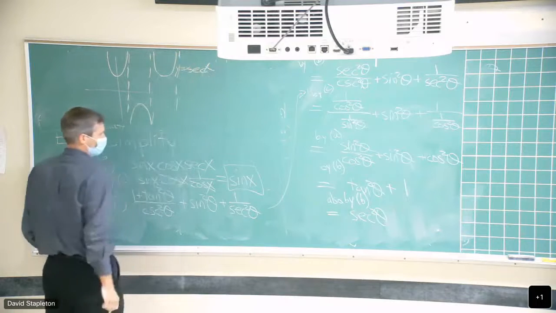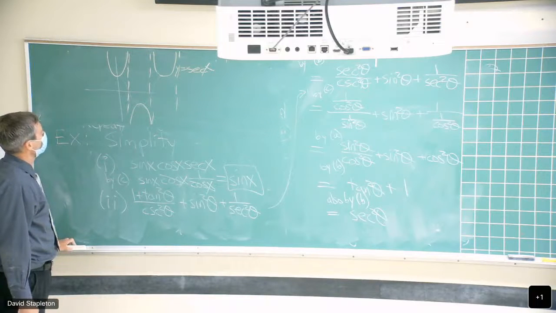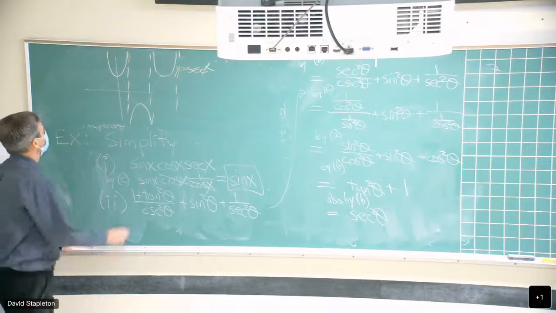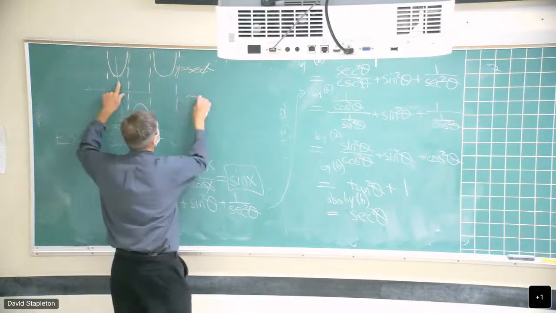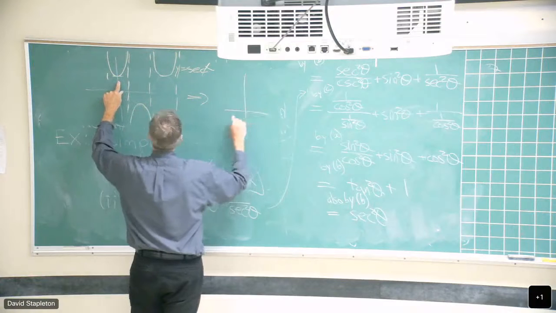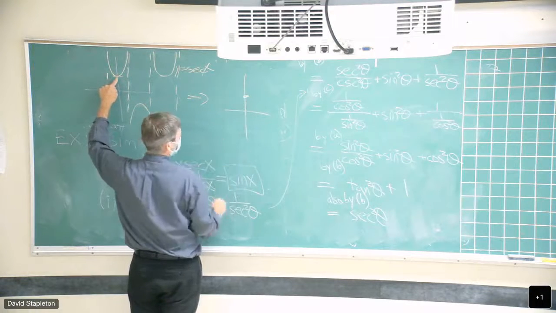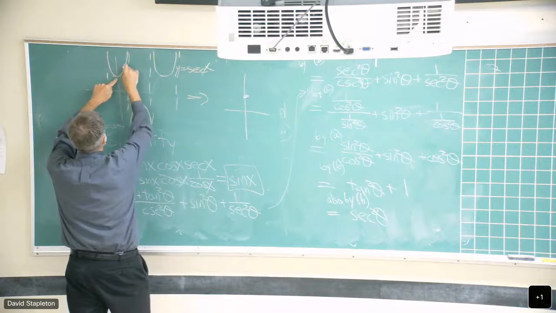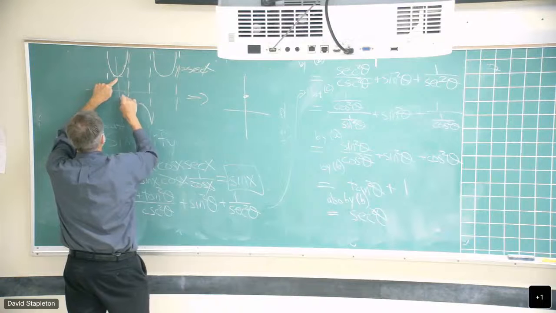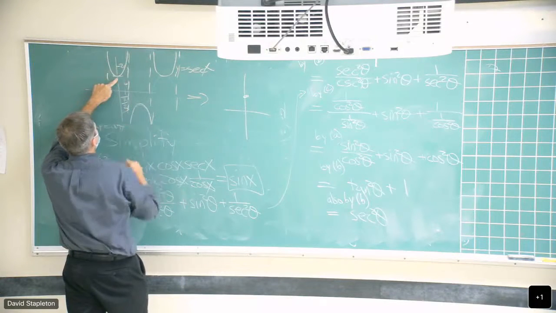What does secant squared x look like, do you think? Well, this is 1 here. Secant squared of 1 is still 1. So this point, 0, 1 is still 0, 1. I square 1 and I get 1. But if I square a bigger number, like here, maybe at pi over 3, cosine is 1/2, and secant is 2.